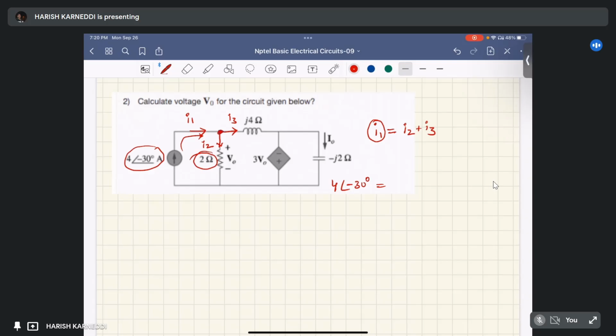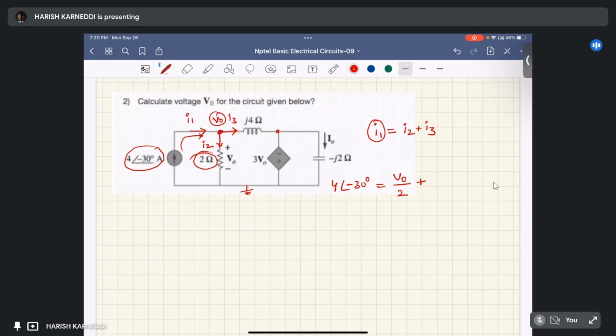Here the voltage with respect to reference is V0. So I2 is the voltage across the 2 ohm resistor, that is V0, divided by the resistance, which is 2, right? How can we write I3?